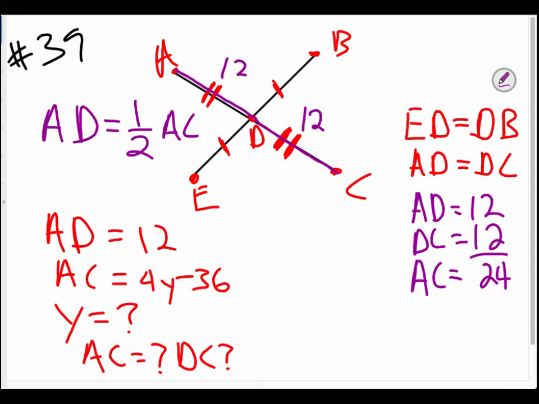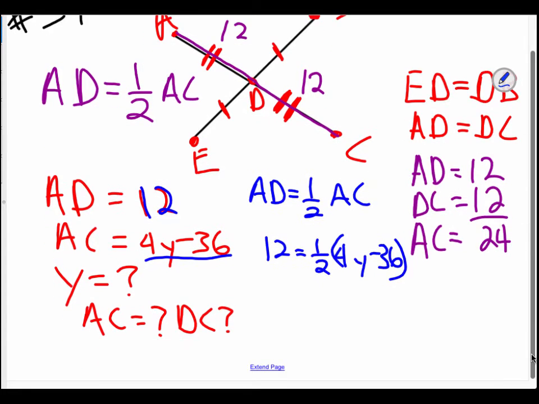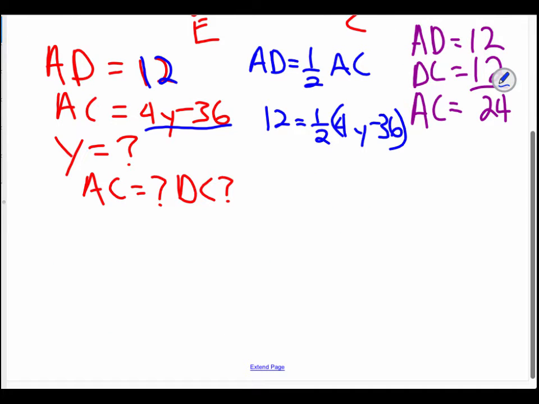So now, algebraically, I could say AD is equal to 1/2 AC. We always want to use what they give us: 12 is equal to 1/2 times AC, which is this stuff here, 4y minus 36, and that's in parentheses. All right. So I'm going to distribute the 1/2 through.